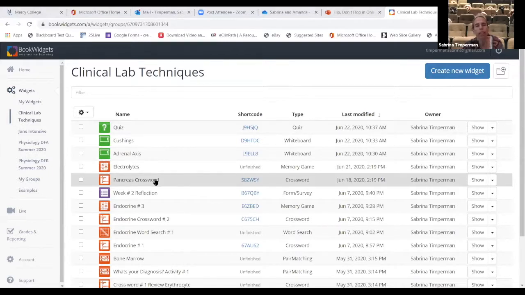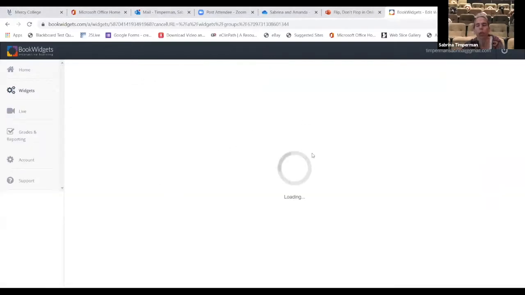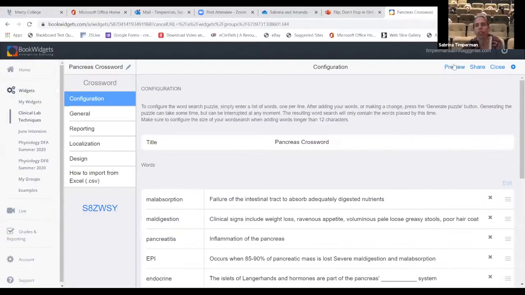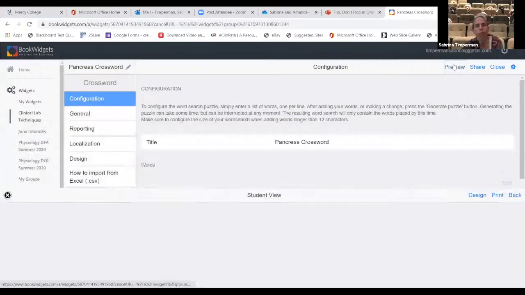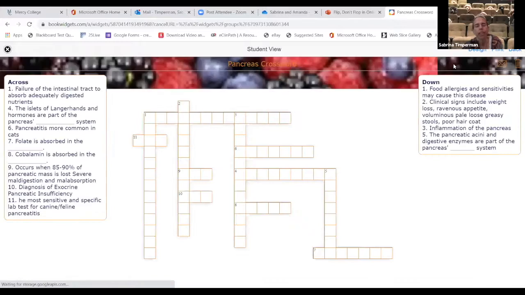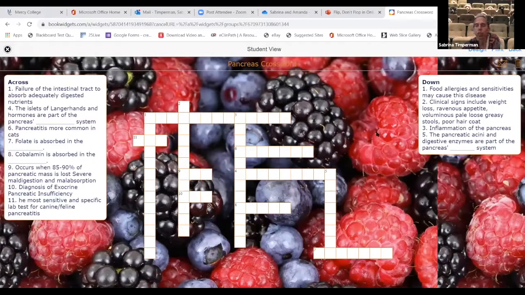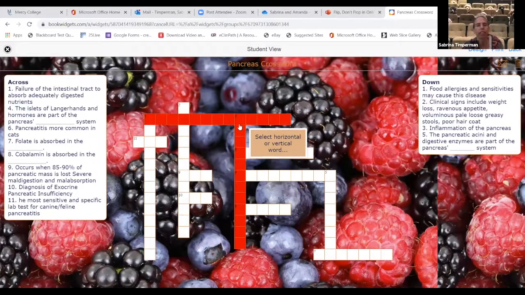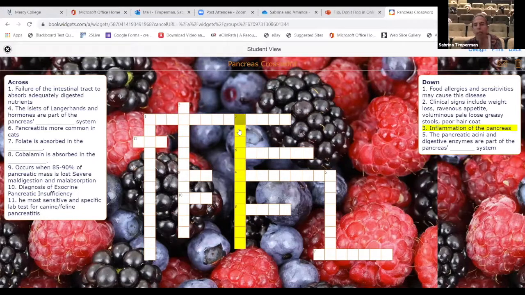So if I click on it, it goes to the working form, but I can show you a preview of what it looks like. And then again, this is the crossword puzzle, and the students actually go and put the answers in. So they say, okay, I'm going to answer this one, and then they actually will type in the answer that they want, and it highlights which question it is.